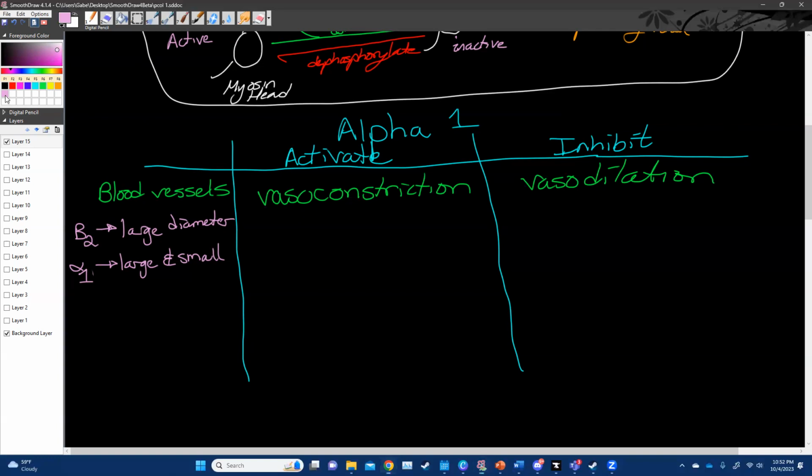And so one of the first indications that we're going to be using this for vasoconstriction is something like orthostatic hypotension, which is a condition where the blood pressure is too low when the position of the head changes.